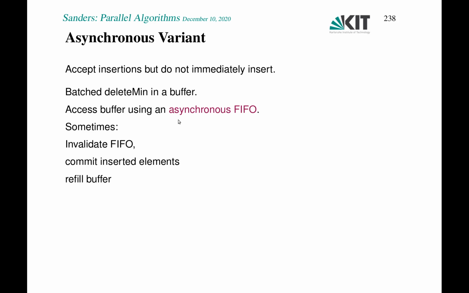And then we basically have an adapter to an asynchronous interface by saying, oh, we need a FIFO queue that is served asynchronously that accesses this buffer. Actually, it's something simpler than a full FIFO because we only remove from it in a sense. And periodically we have to refill that buffer.